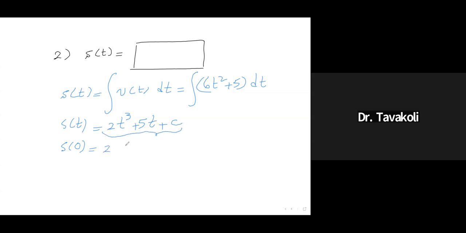So 2 times 0 cubed plus 5 times 0 plus c equals 10. Those terms are 0, so c is 10. Meaning that the equation that we got for S of t is 2t cubed plus 5t plus 10.